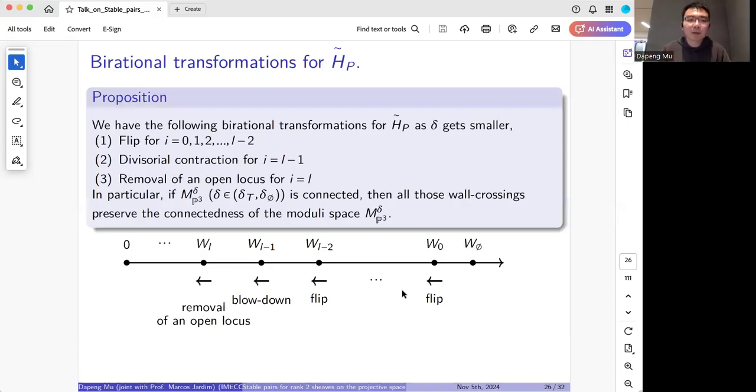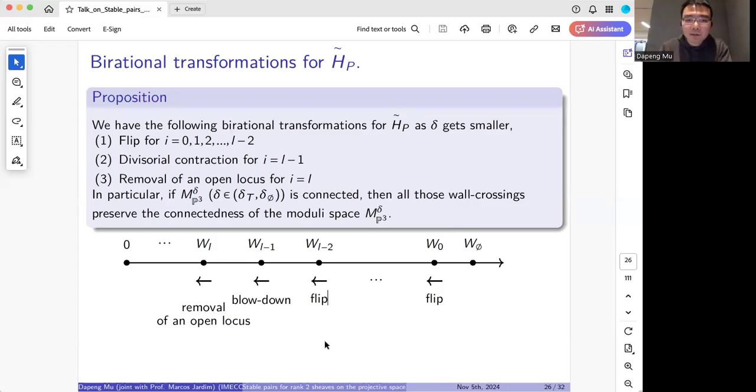Okay, so finally we come to this result. When we cross the walls, as delta gets smaller, this HP tilde undergoes a series of transformations. So here's the picture. Altogether we have a group of walls starting from W0 and stopping at WL.